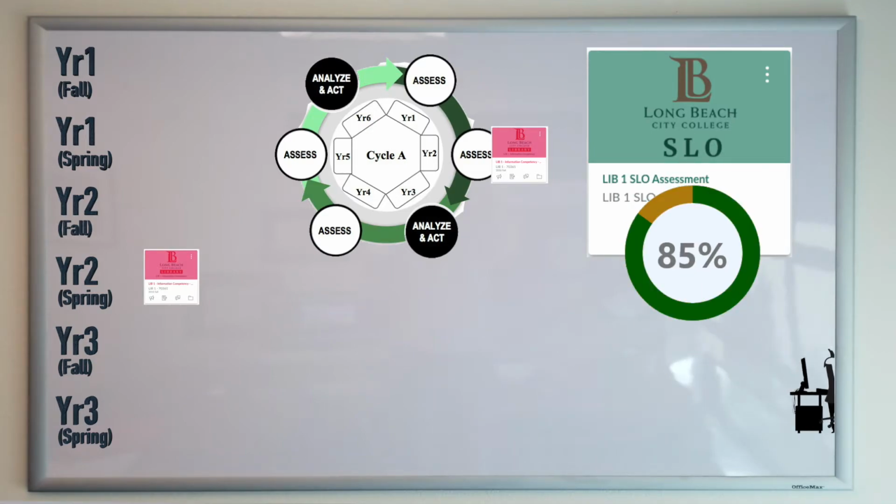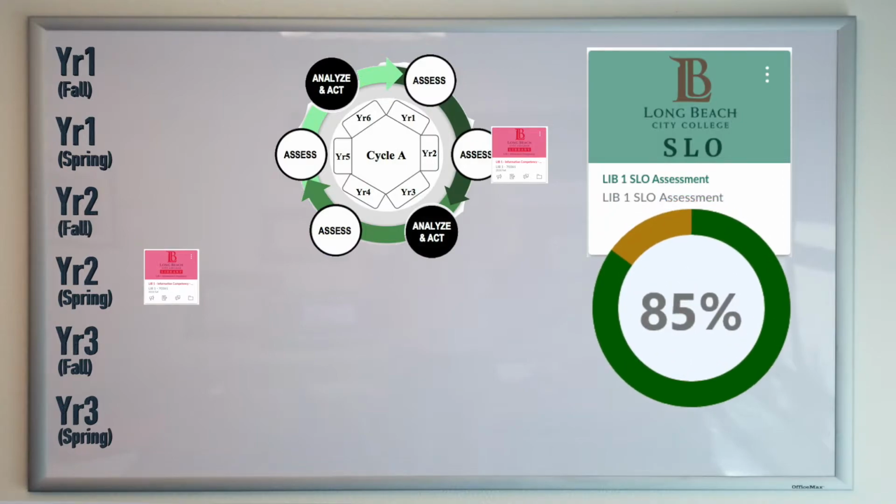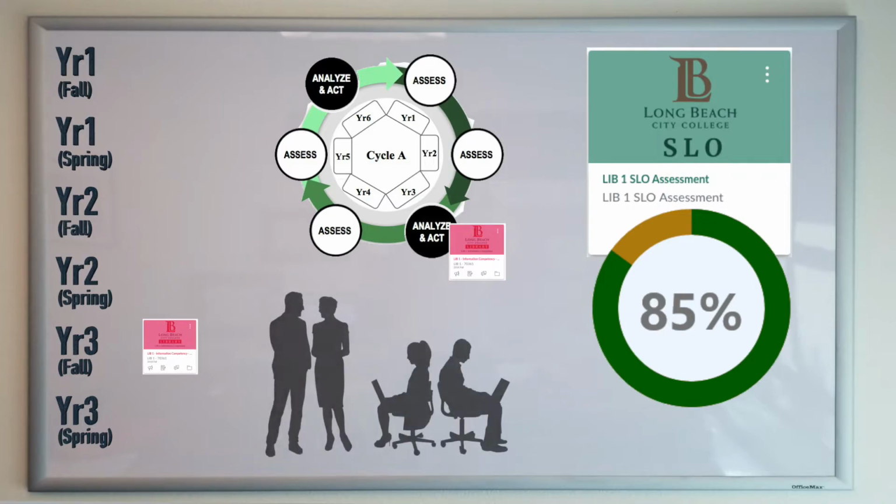So that by the end of year 2, if we're assessing for 2 years, we have a single percentage that represents how students did on the SLOs for the previous 2 years combined. It's that single result of assessment percentage that we will use to take meaningful actions on in the Analyze Act year.